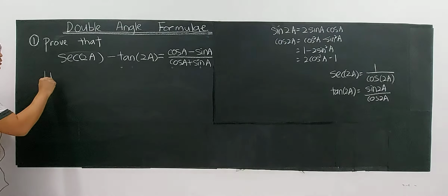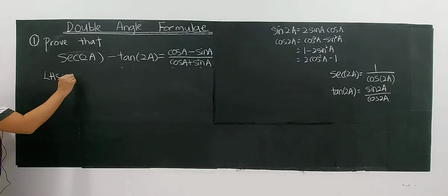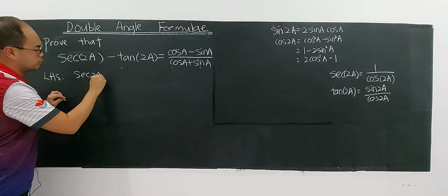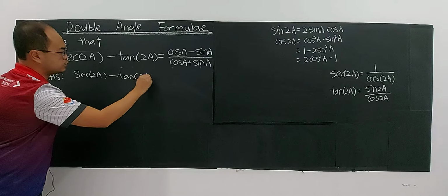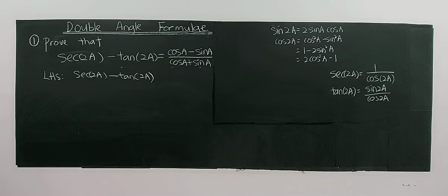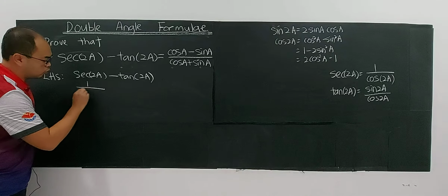So now I put it back here. The left hand side, you have secant 2A minus tangent 2A. So now I start looking at the formula. What is the suitable formula? Secant 2A, I have 1 over cos 2A.